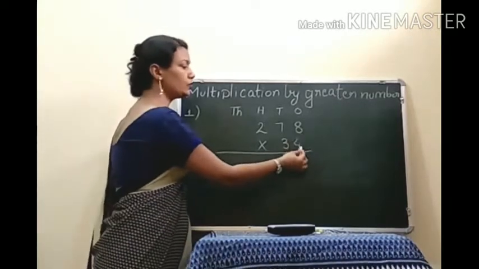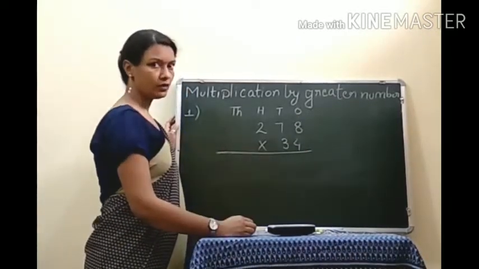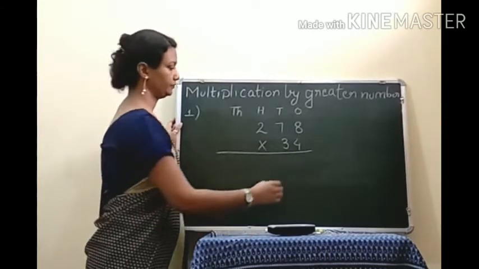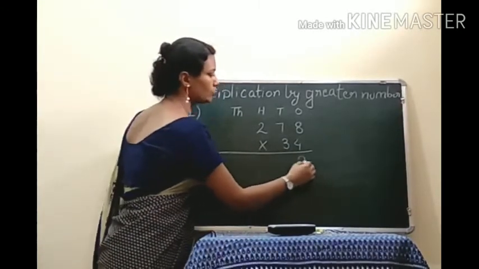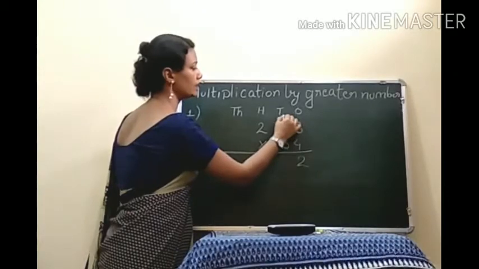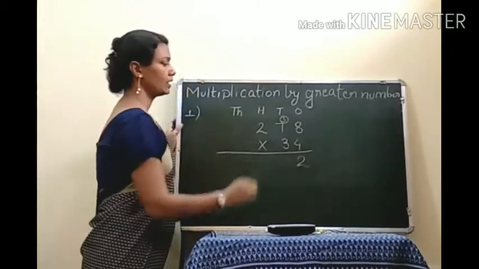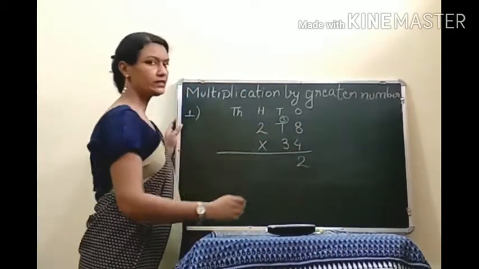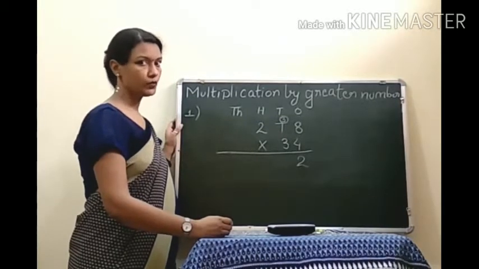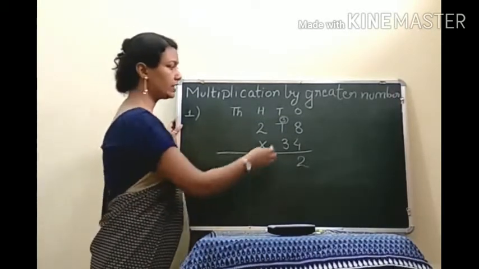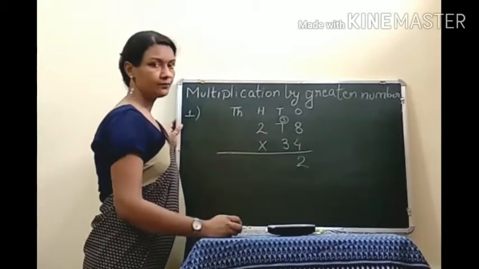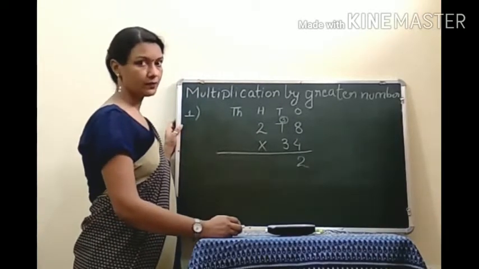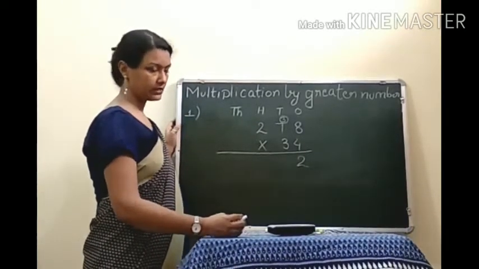So 8 into 4. What is 8 into 4? 32. So we will write 2 here and carry 3. Now 7 into 4 is 28, and this 3 which we carried, plus 3: 28 plus 3, 29, 30, 31.